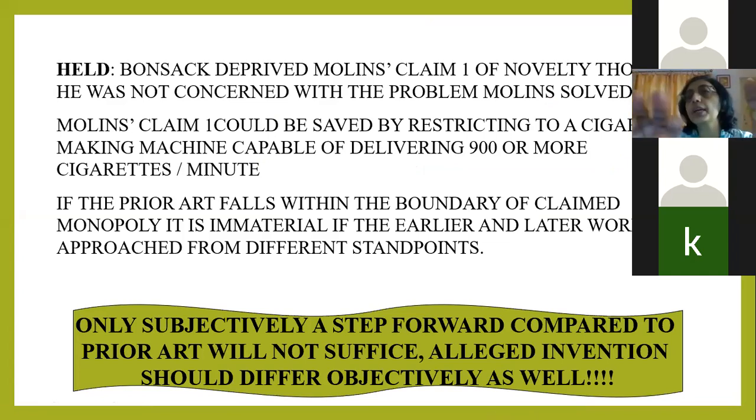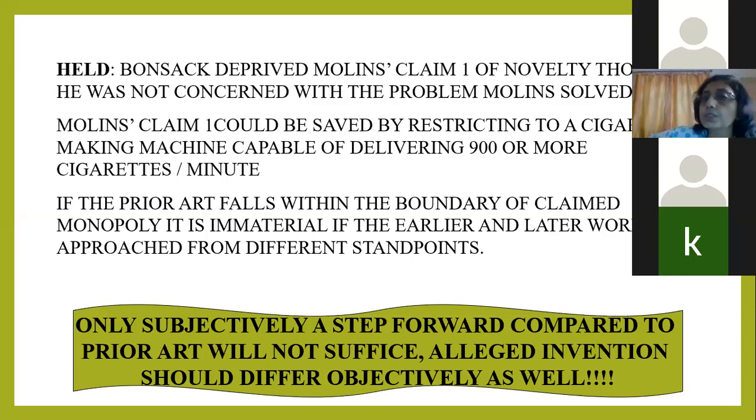If it is away, it is not anticipated, and if it is slightly overlapping, you cut out the overlap portion so that it becomes novel. So here they could have restricted it to say that it is a fast cigarette-making machine that could make so many cigarettes. Those features were not there in the prior art.